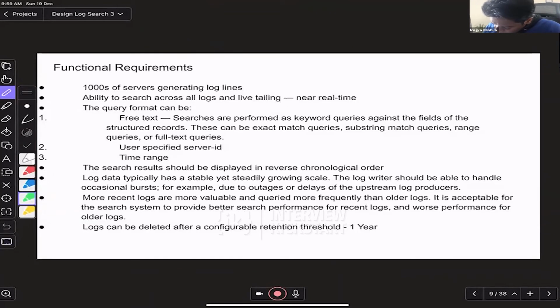The search results should be displayed in reverse chronological order so that the recent ones are shown above. Log data typically has a stable yet steadily growing scale. Sometimes the services which are emitting the logs can have occasional bursts also, so we have to handle that kind of scenario as well.